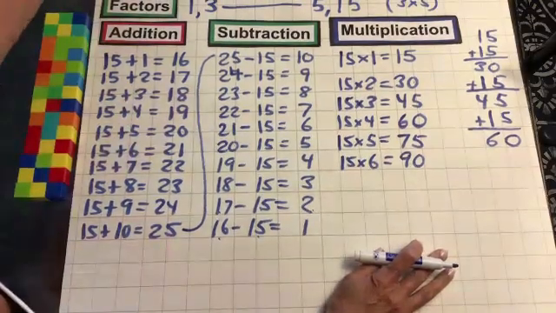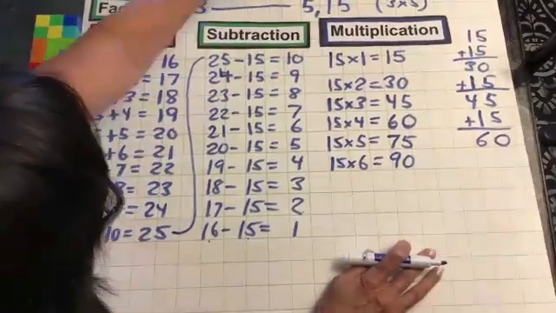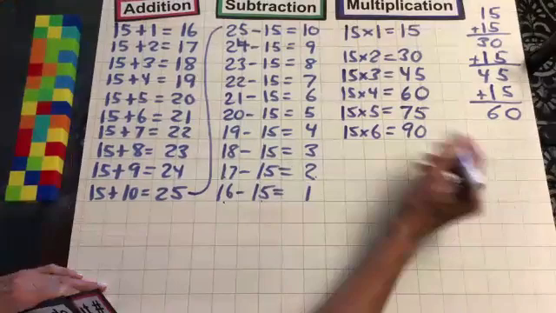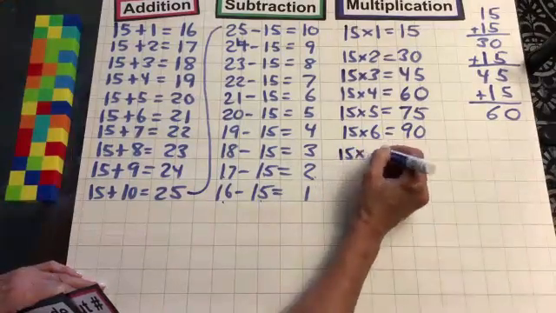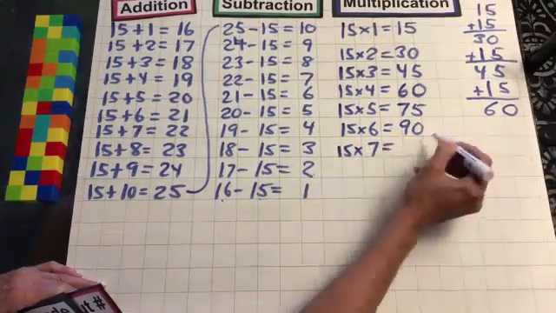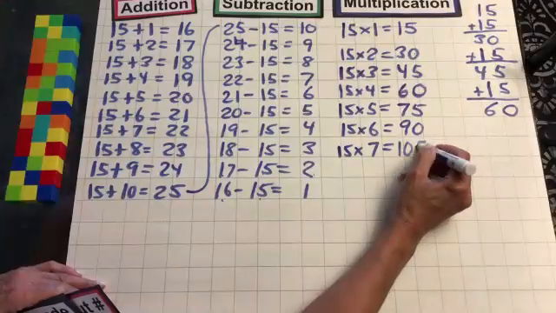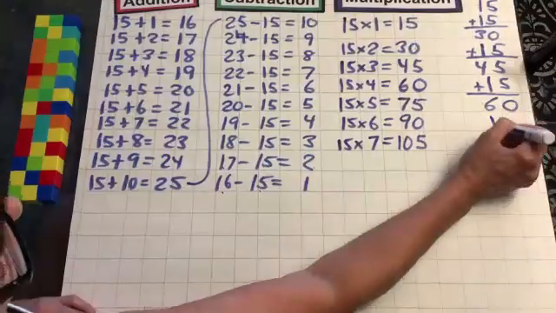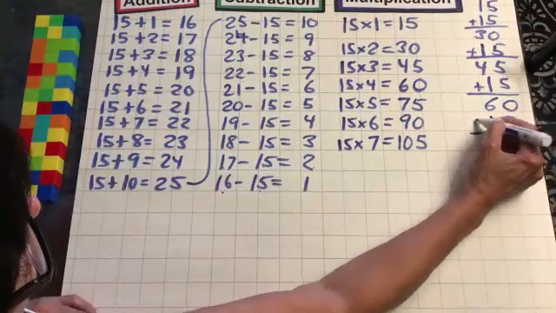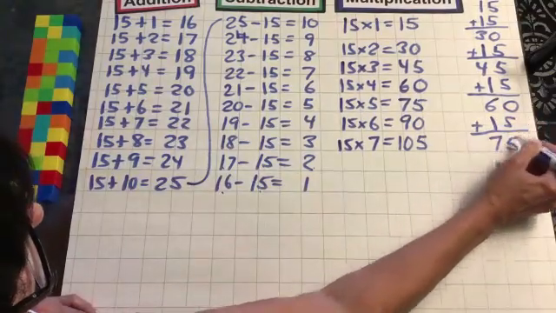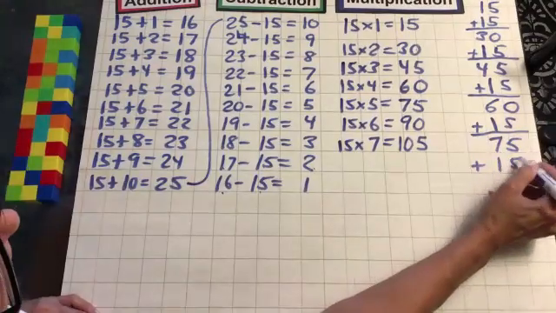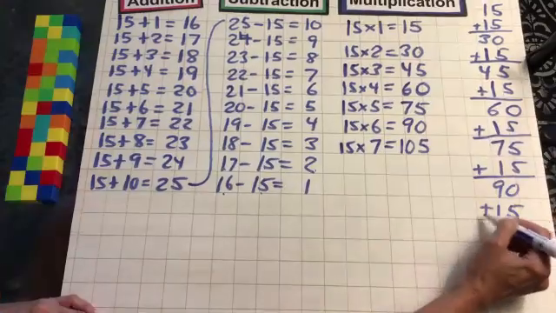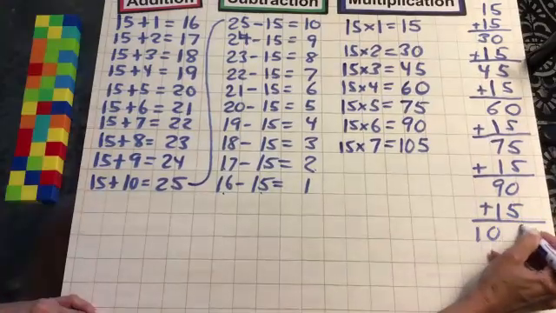I'm going to move my paper up here so we all can see a little better. There we go. 15 times 7 equals, if we add 15 more to there, we get 105. We just keep on adding our 15 over here. 75 plus 15 equals 90 plus 15 equals 105.